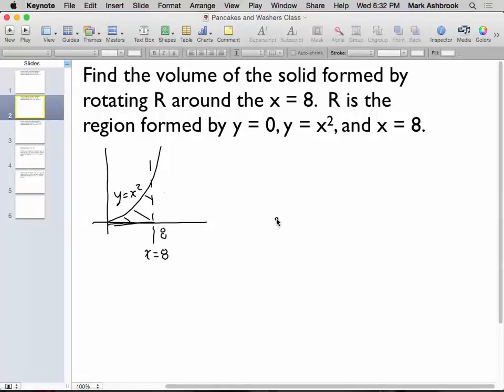But what if we instead did vertical strips? What if I took a typical vertical strip in this region? Again, we're going to get this Hershey's Kiss thing.